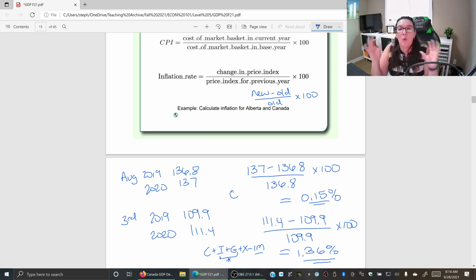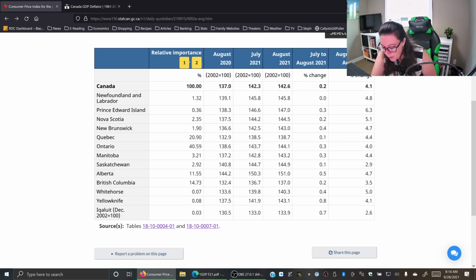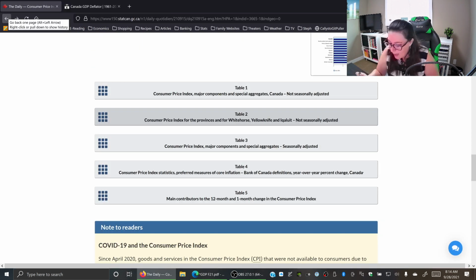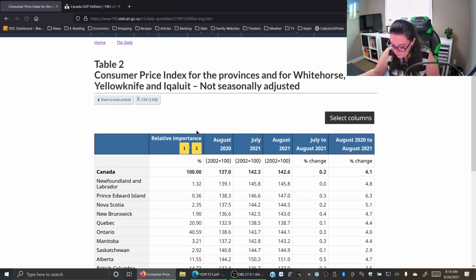All right, so we look here at inflation. We can see that prices have been going up. We can measure that with CPI or the GDP deflator. I said earlier that we could take the inflation information and we could actually break it down and look at it by what's happening. Actually, let's go back in.